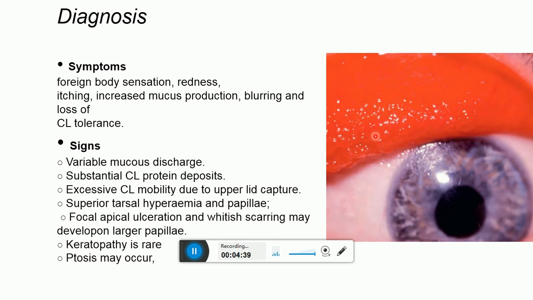Giant papillae are more than 1 mm in diameter, and there are fine to medium papillae, particularly in early mild disease. There is focal apical ulceration and whitish scarring on large papillae. Keratopathy is rare, and ptosis may occur mainly as a result of irritative spasm and tissue laxity secondary to chronic inflammation.